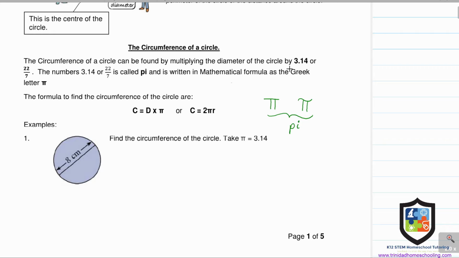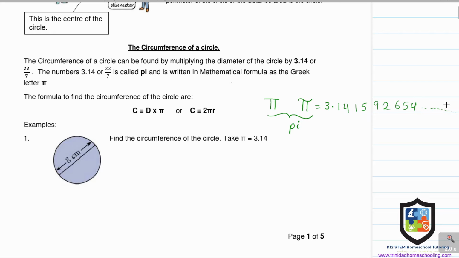3.14 is just an approximate number. It is not the entire number that we should be multiplying by. The entire number for pi is 3.141592654 and goes on and on.